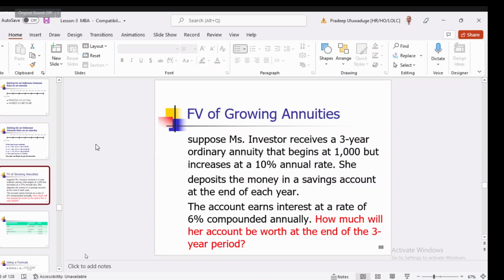The second will be 1,000 increased by 10%, that is 1,100, which she will deposit in the second year at 6%. In the third year, she will get 1,100 increased by 10% again, and she will deposit that at the end of the third year. We are supposed to find how much her account will be worth at the end of the 3-year period. Do you want to give it a try?